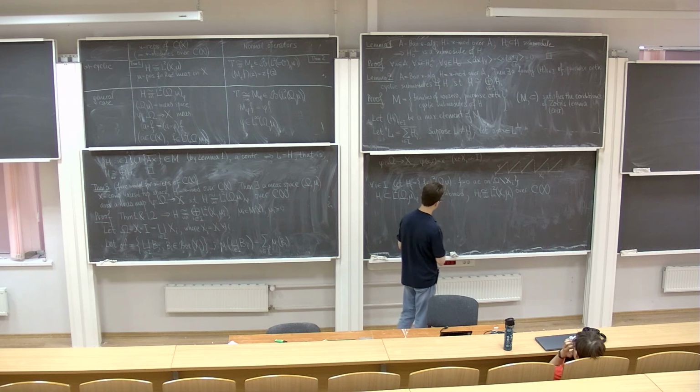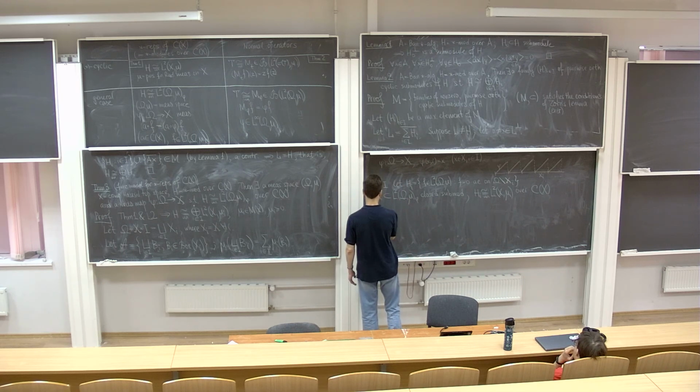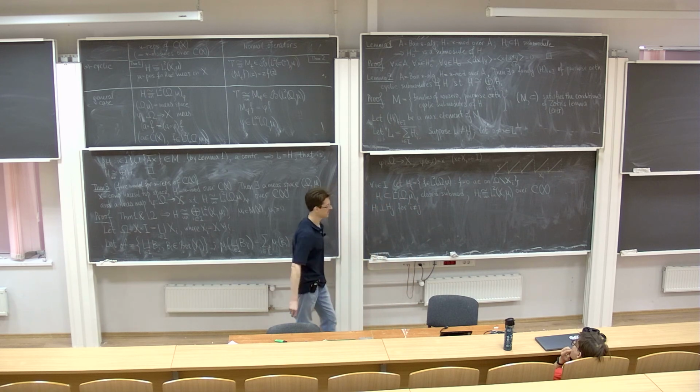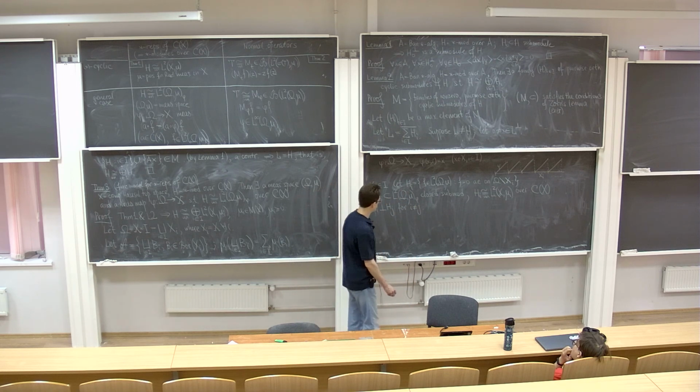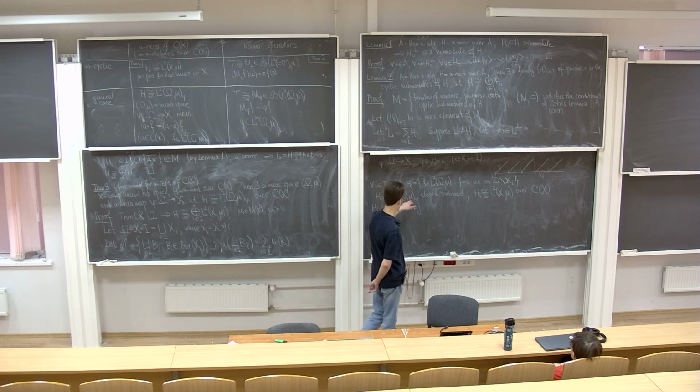Now, it's also clear that these modules are pairwise orthogonal. Hi is orthogonal to Hj whenever i is not equal to j. This is clear. And let's show that the sum of these submodules Hi is dense in L2.